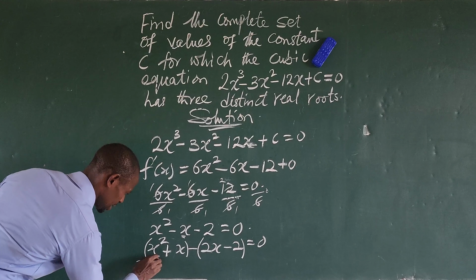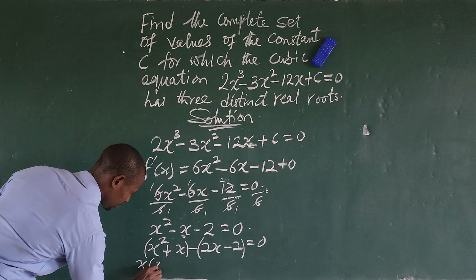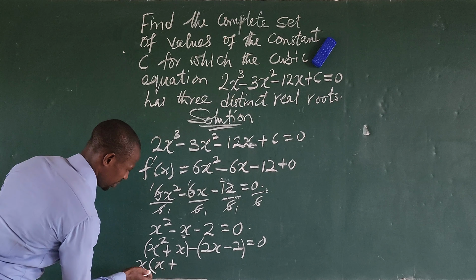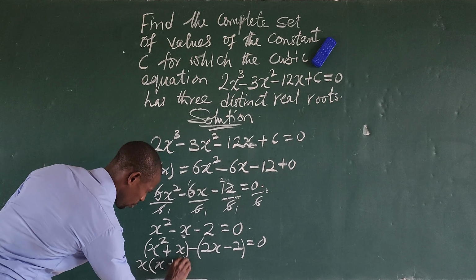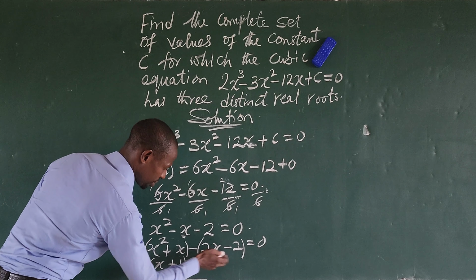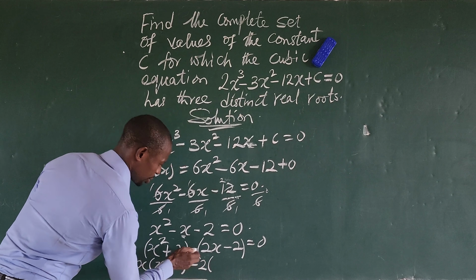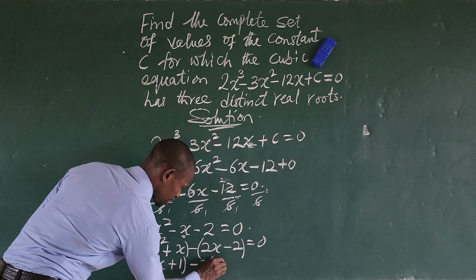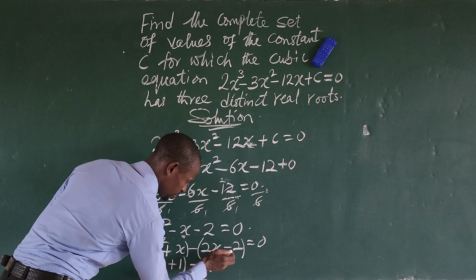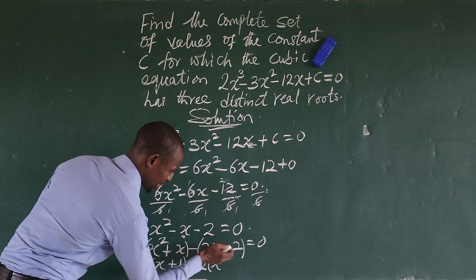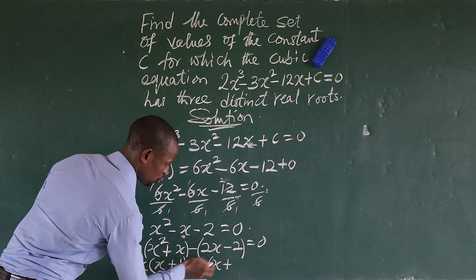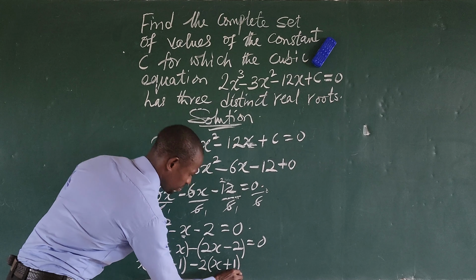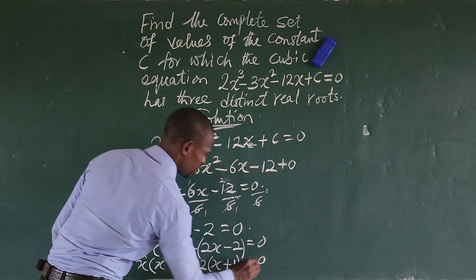If we use x to divide this, we are left with x, then plus 1. Then minus, what is common to here and here is just 2. Then 2 into 2x, we are left with just x, minus times minus will give us plus, and 2 into 2 will give us 1, close bracket. So everything equal to 0.